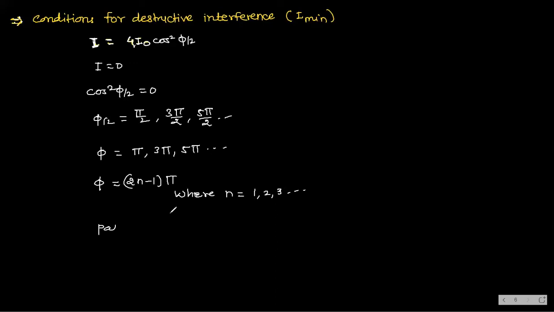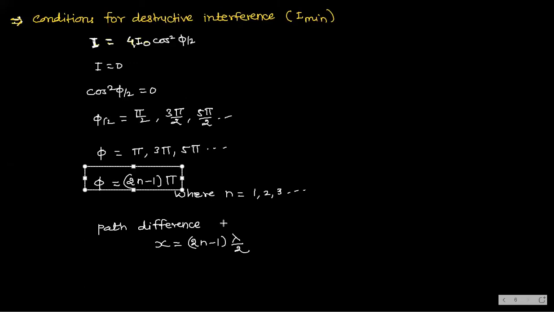So path difference is what? x is equal to (2n minus 1) into lambda by 2. This you keep in mind. You can use the formula phase difference is equal to 2 pi by lambda into path difference. Substitute the value, you will get this answer. Clear? These formulas you keep in mind.